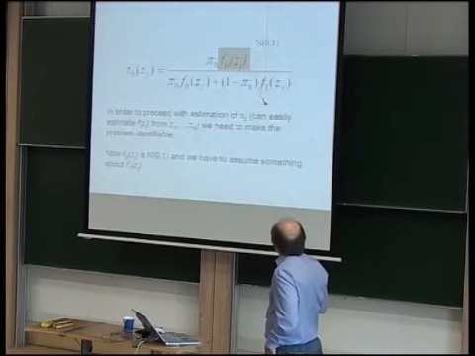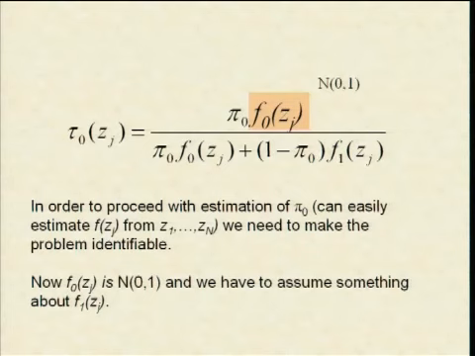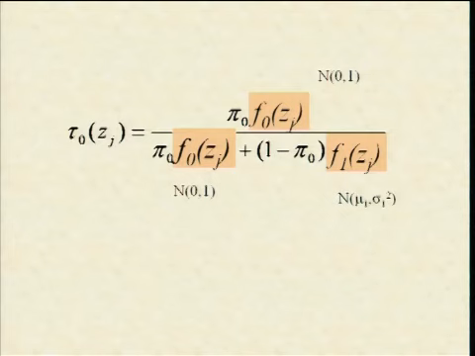We can estimate the whole denominator here pretty easily just from all the z-scores, but in order to make this problem identifiable, we've got to put forward some candidate for this density here, and basically we can get away with, it seems, just using a single normal distribution.